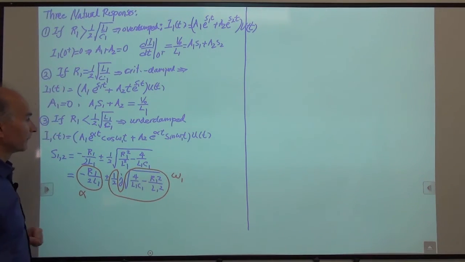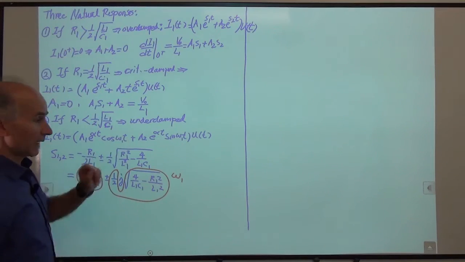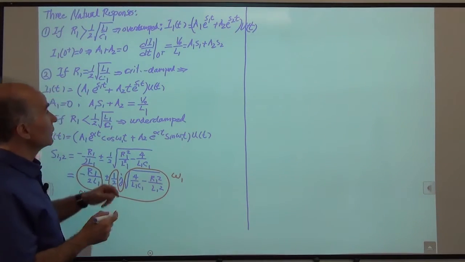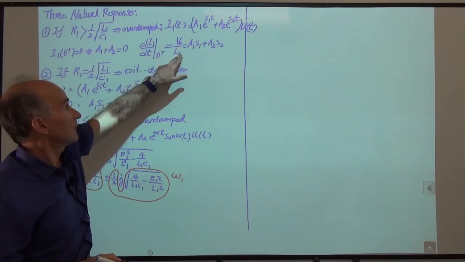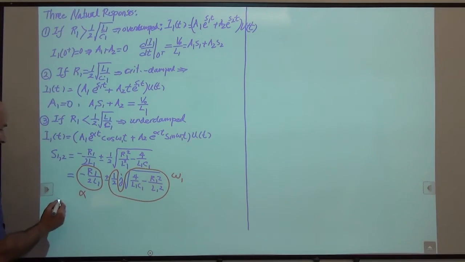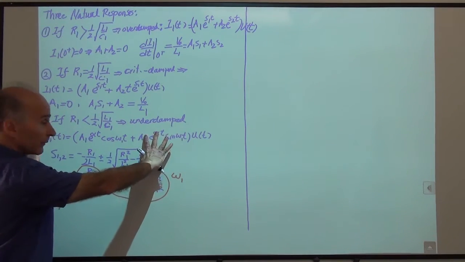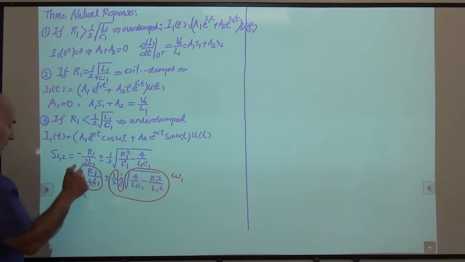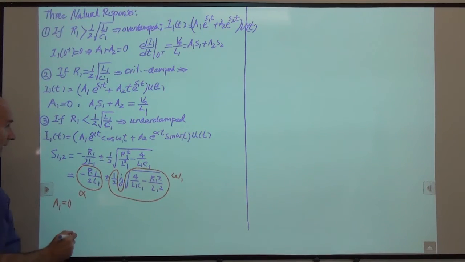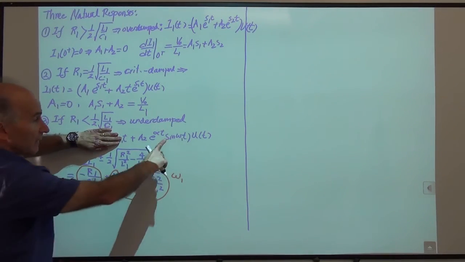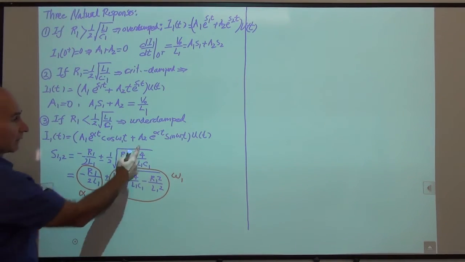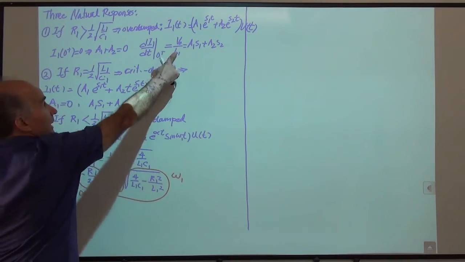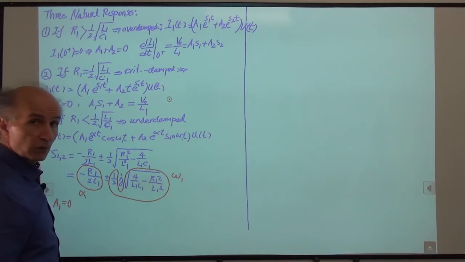Okay? So we have those. So we still need to find A1 and A2. Not a problem. Same story as before, right? So we have to satisfy this condition. We have to satisfy this condition. So we say A1 at time 0. This is 0. So this is A1. So A1 is equal to 0. So again, this goes away. We have only a sine, not a cosine. And then we have to take the derivative of this and satisfy it by equating to V0 over L1.